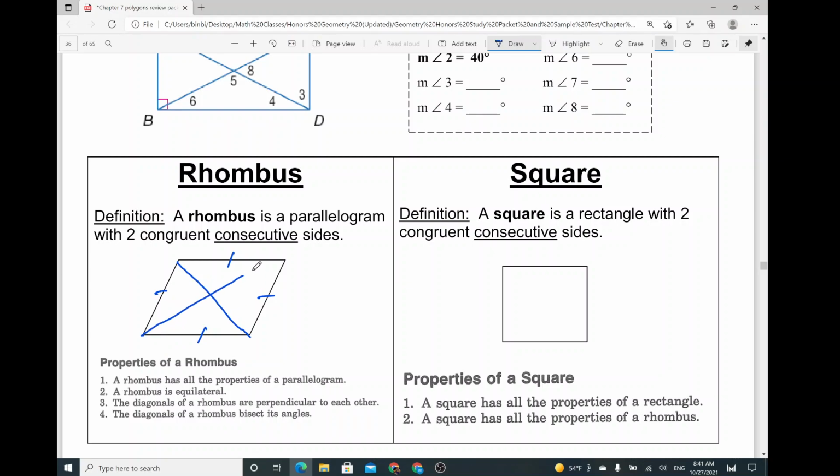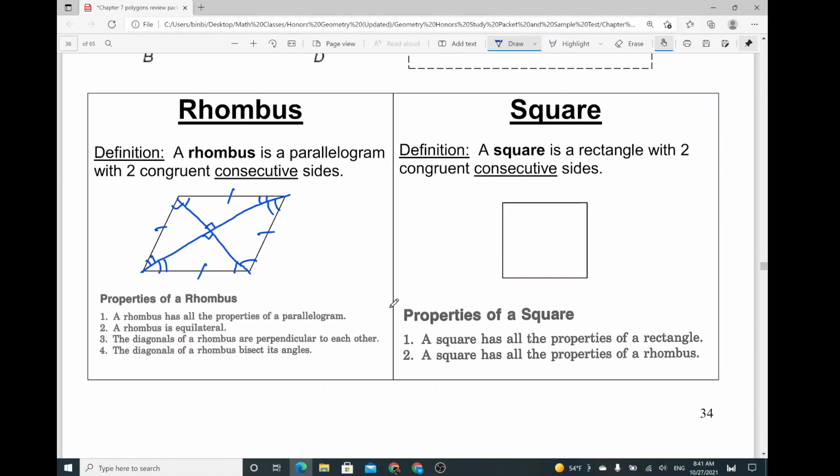They're actually perpendicular to each other, a 90-degree angle. And the diagonals of a rhombus bisect its angles. So the angles right here are all bisected.